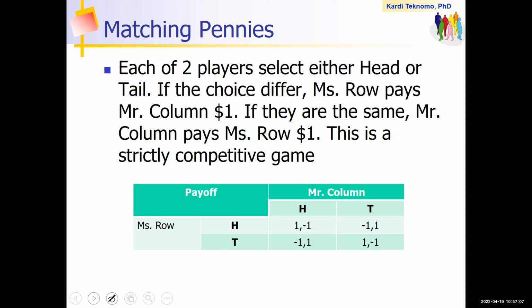Matching pennies. Okay, the story behind it. Each of the two players selects either head or tail. If the choices are different, Miss Row will pay Mr. Column $1. If they are the same, Mr. Column will pay Mr. Row $1. So that is the payoff there. This is a very strictly competitive game.